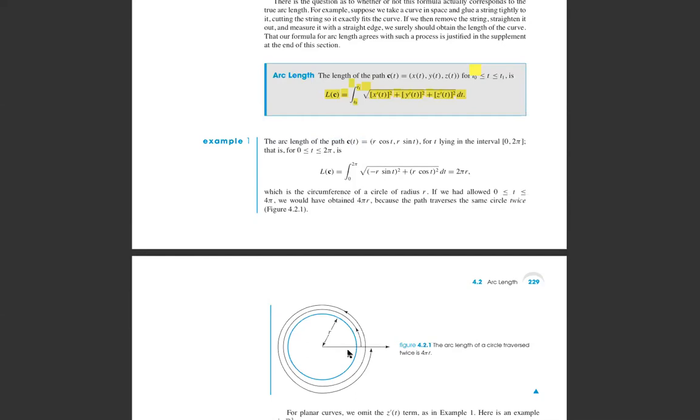So basically, this is a kind of helix in R2 when you revolve around the origin. Wait, hold on. Oh, this is just the graph of a circle that has the radius r. Sorry.